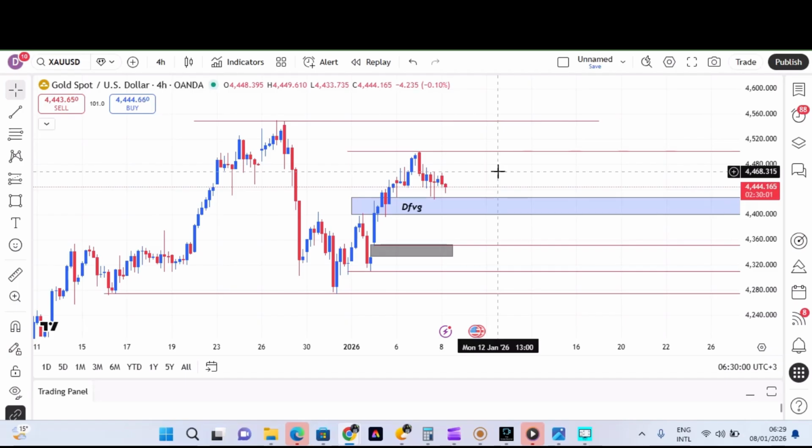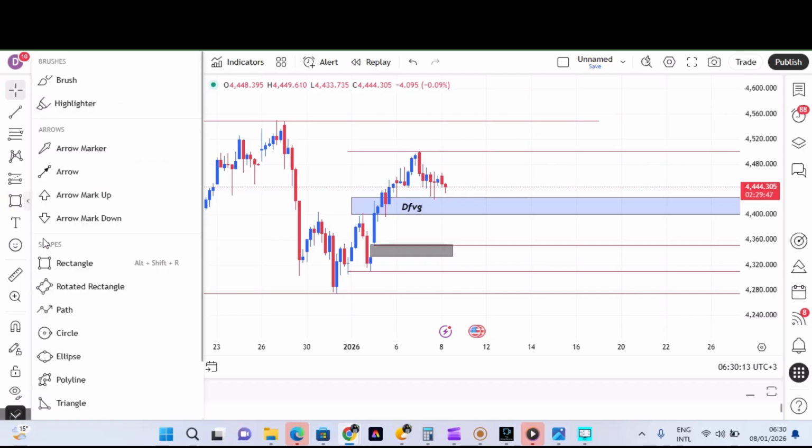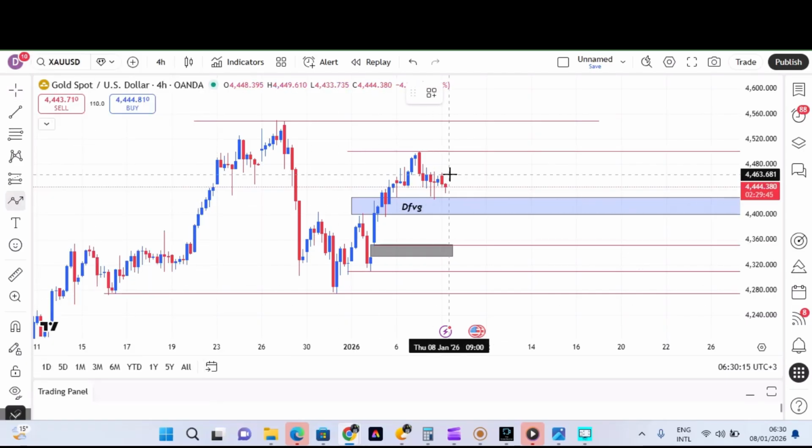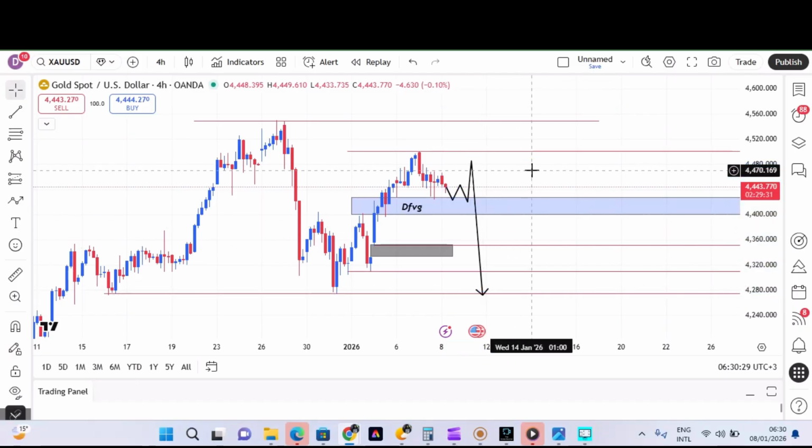Okay. Now, this is the 4-hour. The market is bearish. We expect a pump. So could we say gold might come, tap into this liquidity, sweep it out, then return and drop down? You see?